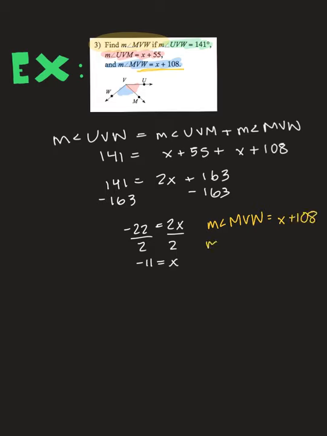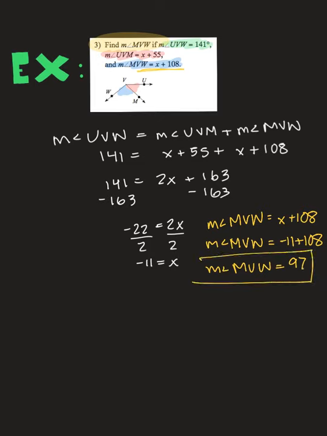Now we can substitute our X value, which is negative 11, add it to 108, and now the measure of angle MVW is equal to 97. There is our answer for that problem, 97 degrees.